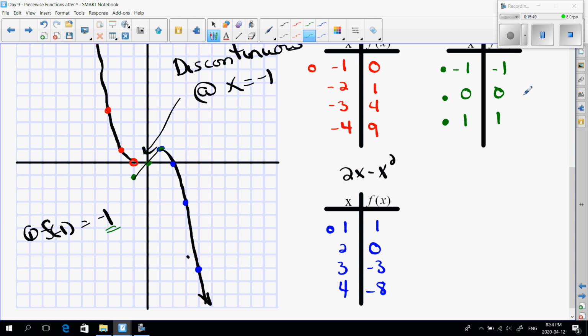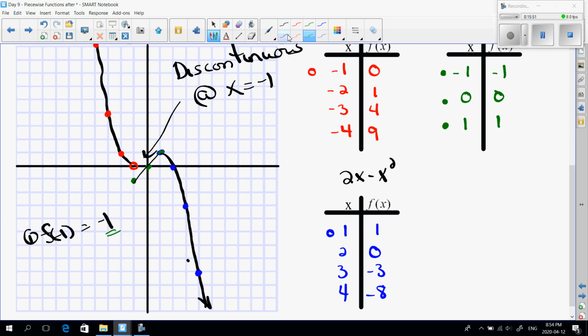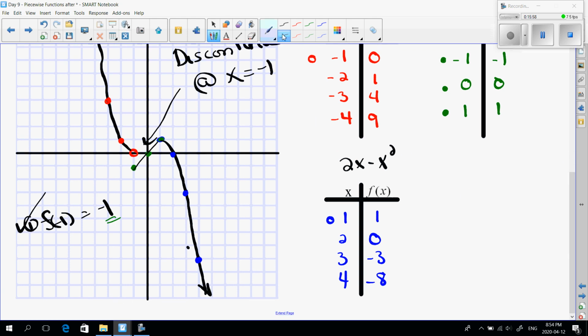Perfect. So it passes condition number 1 of continuity. Move on to number 2. Number 2 is to check to see if it has a limit. And remember, the limit exists only if the left-hand limit and right-hand limit are equal. All right, well, what's the left-hand limit? Let's see.